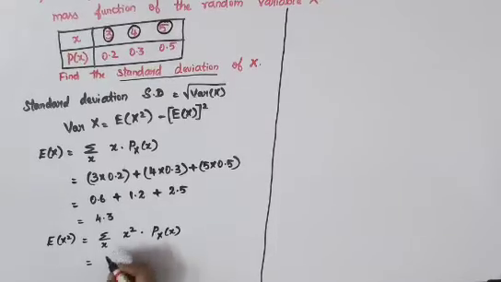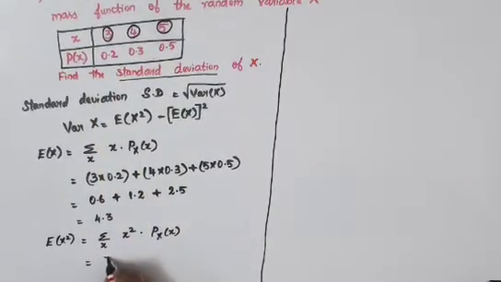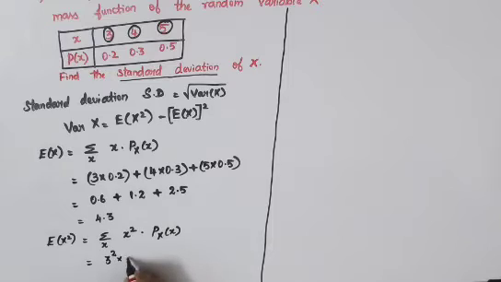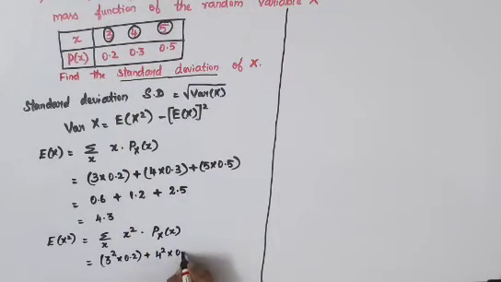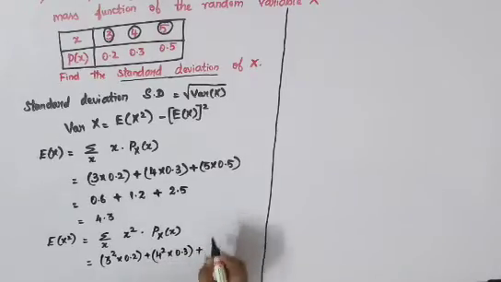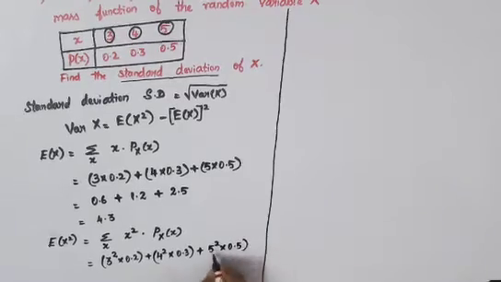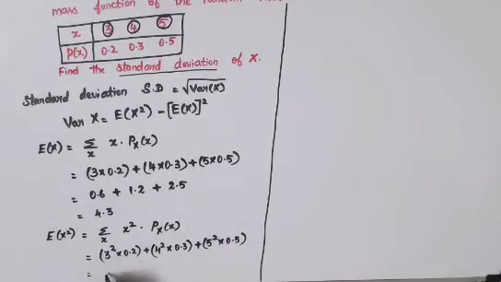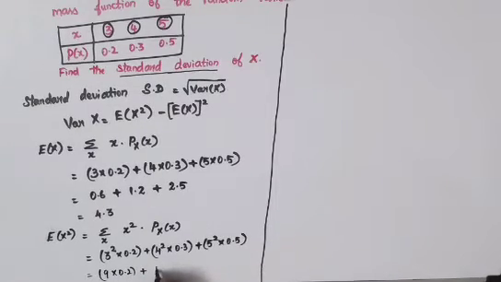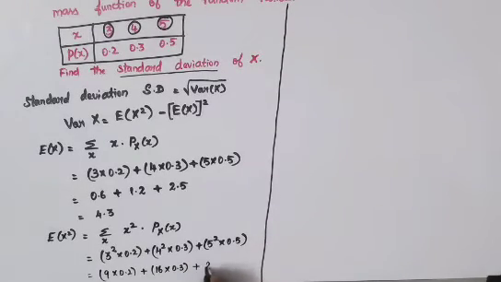So x square is first 3 square into 0.2, plus 4 square into 0.3, plus 5 square into 0.5. That is equal to, 3 square is 9, so 9 into 0.2, plus 4 square is 16, 16 into 0.3, plus 5 square is 25, 25 into 0.5.